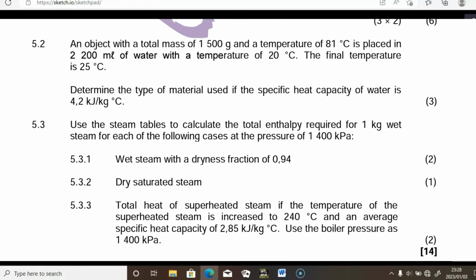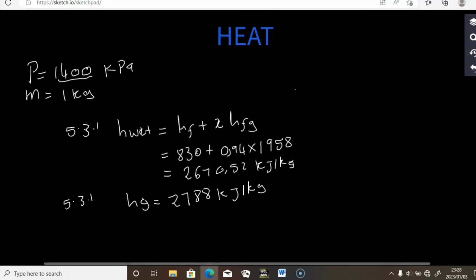We go to the last question. They say total heat of superheated steam if the temperature of the superheated steam is increased by 240 degrees Celsius and an average specific heat capacity of 2.85 kilojoules per kg degrees Celsius. Use the boiler pressure as 1400. We're not changing the pressure, so we are going to do the last question.